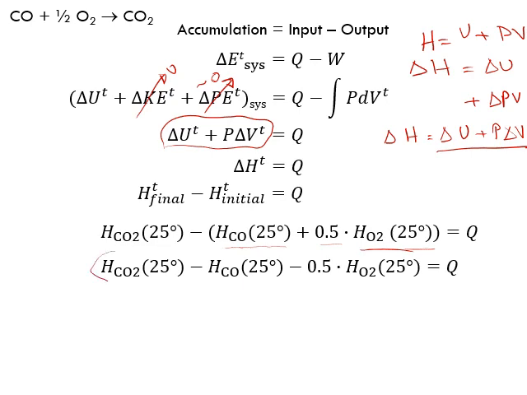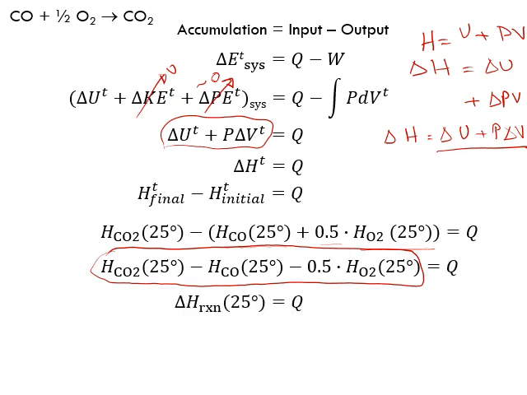Do you remember this equation? You know what this is? Yes, this is exactly the delta H reaction at 25 degrees C. So the Q, the amount of heat that needs to be removed, equals the delta H reaction at 25 degrees C, correct?